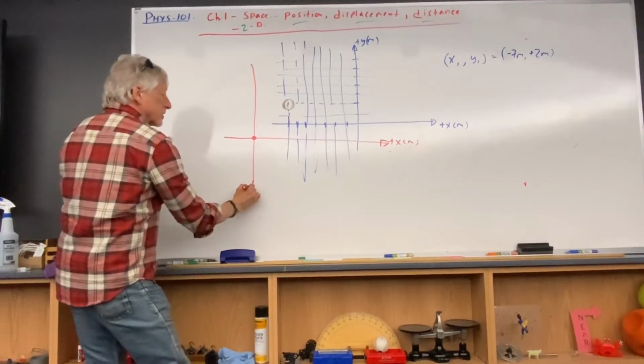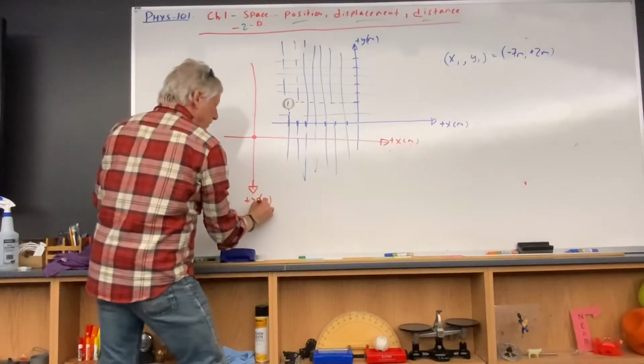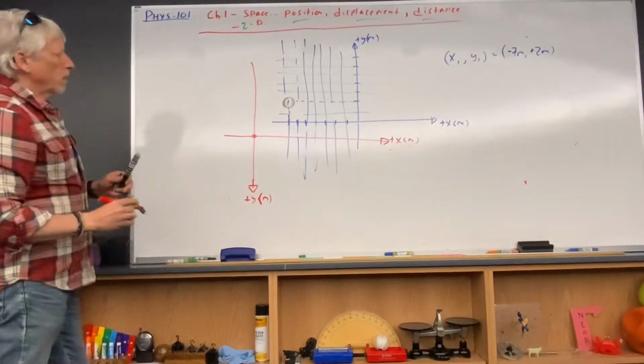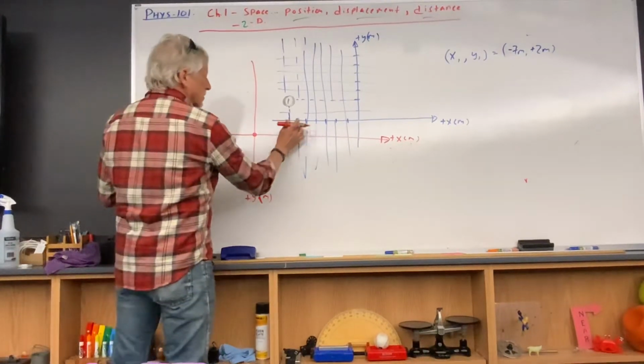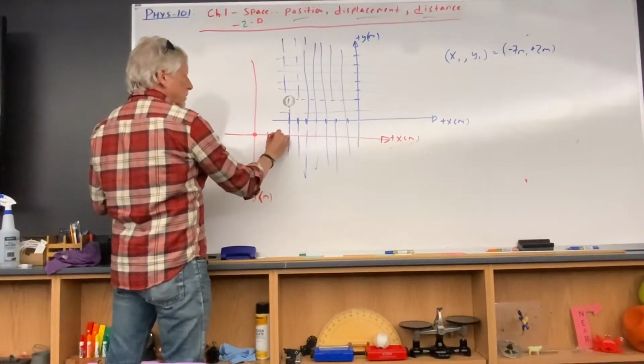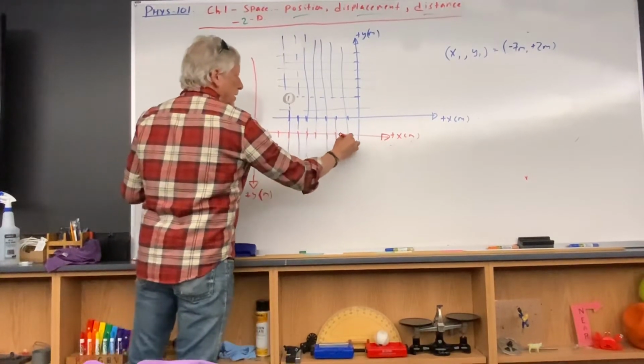And I'm going to call this the plus y down. I'm going to flip it. Okay, so how many is it over? I'm going to try to keep it easy: 1, 2, 3, 4, 5, 6, 8, 9, 10.